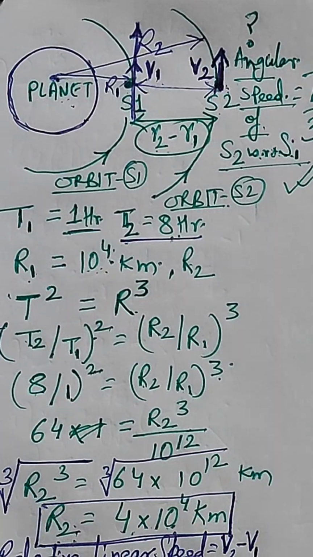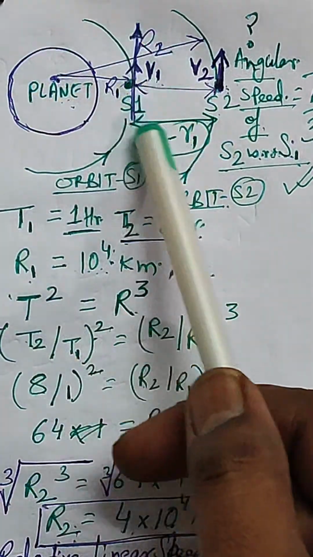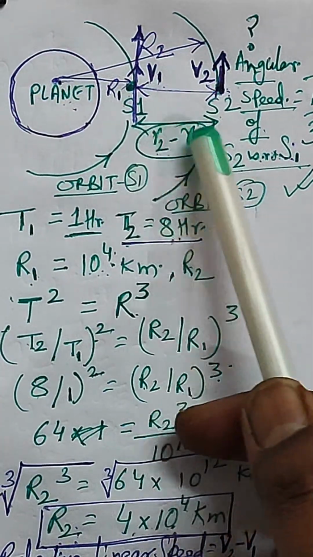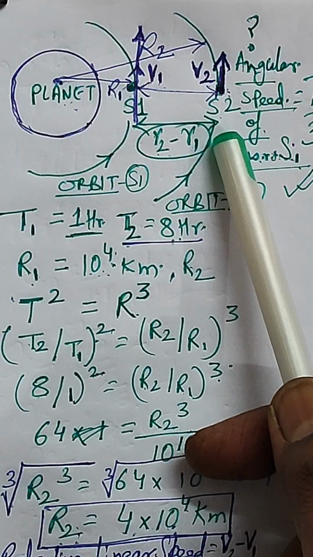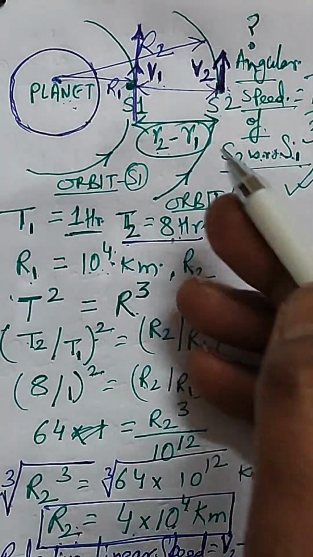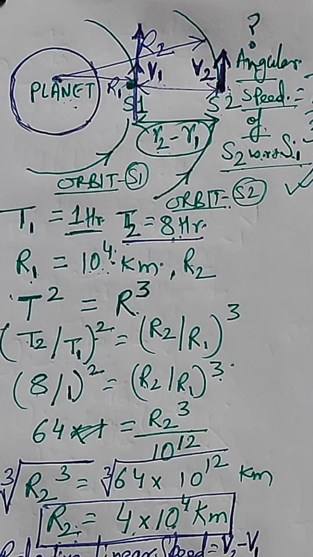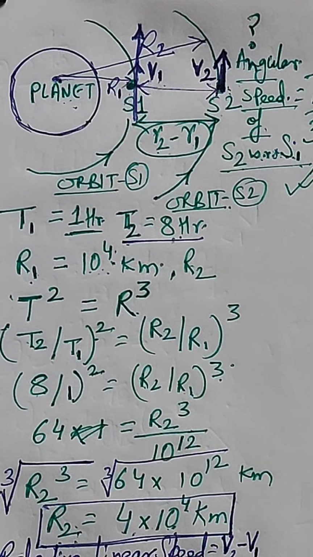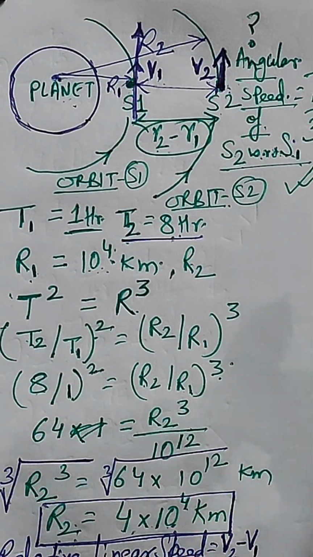This was the question. A planet, two satellites revolving around it, coplanar. That means they are on the same plane.